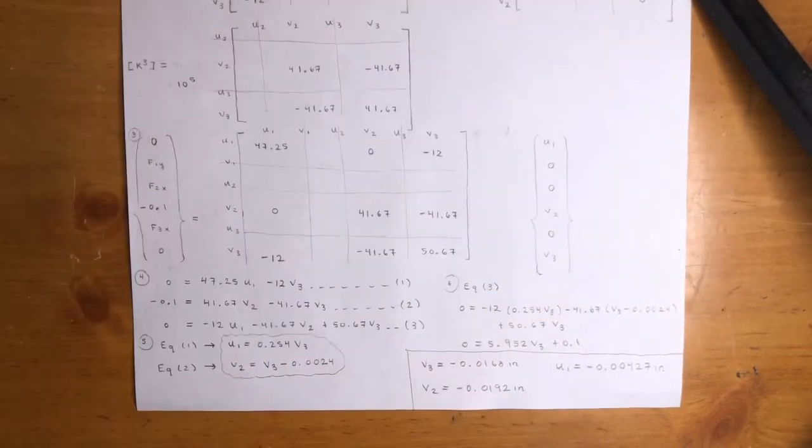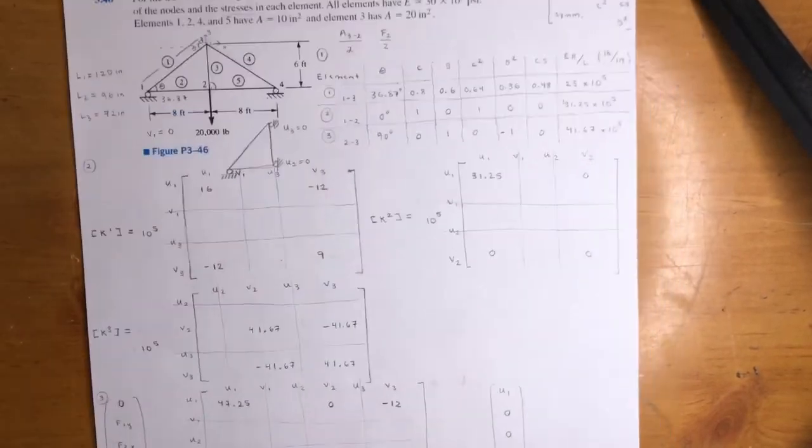Now we're going to go ahead and find the stresses in each element. What step is this? We are on step 7. So let me move the calculator. Step 7. Stress for 2D elements is equal to E over L, negative cosine, negative sine, cosine, sine, and then the displacement vector.